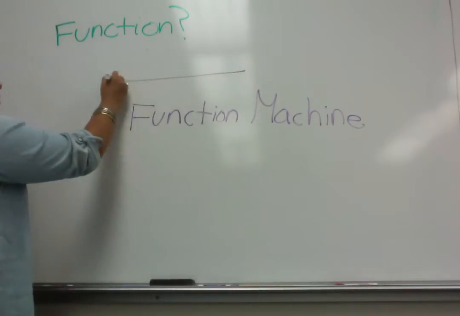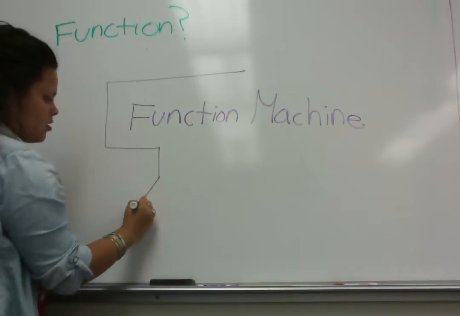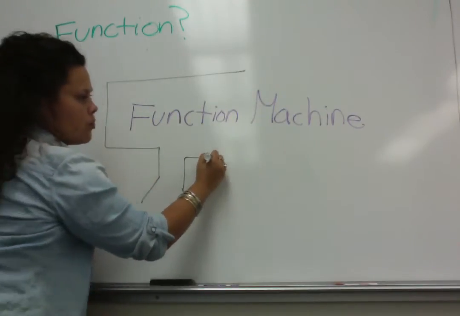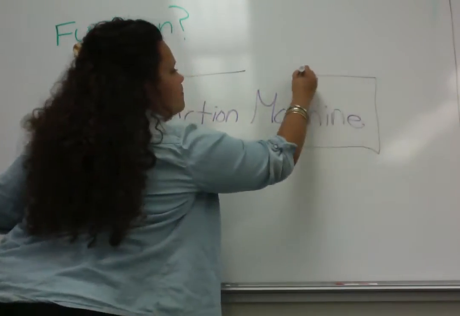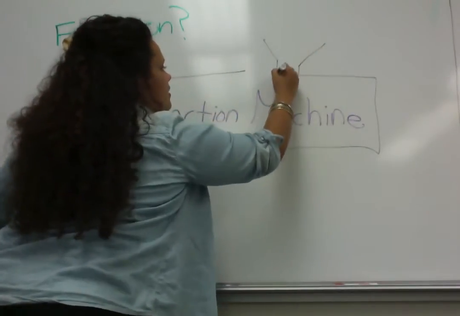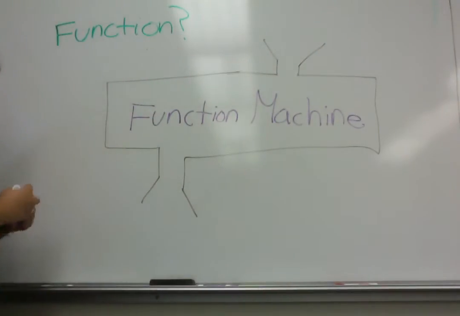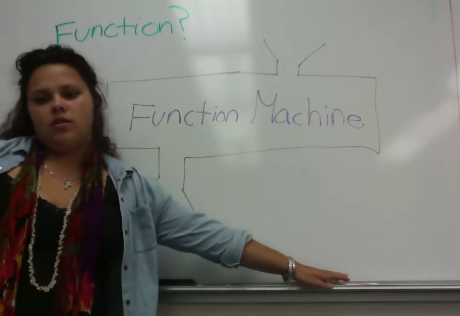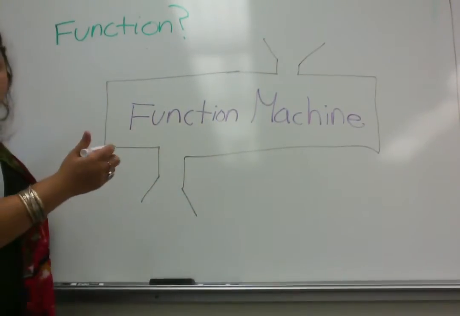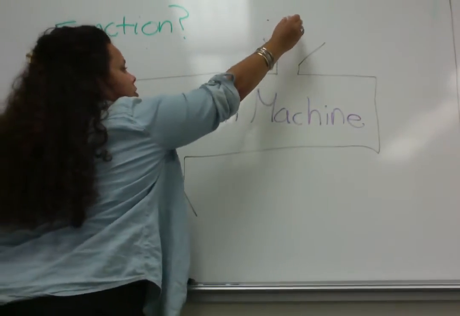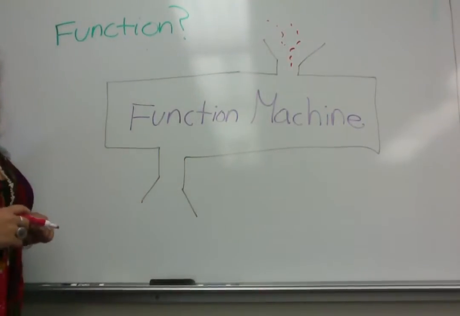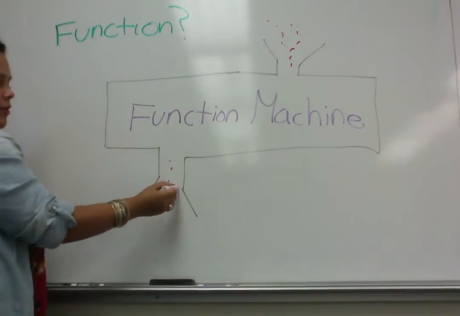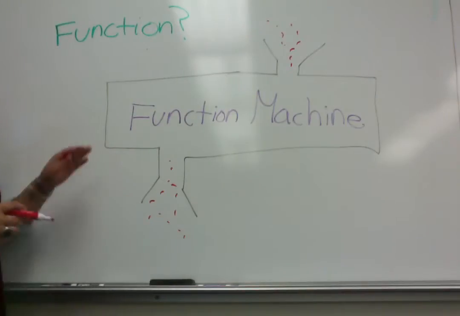With our machine, we will be able to put things into it and get things out. So, we'll be able to put material into our machine, and then the material will come out.